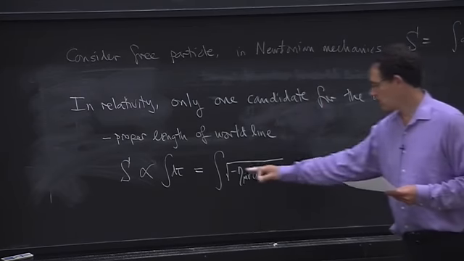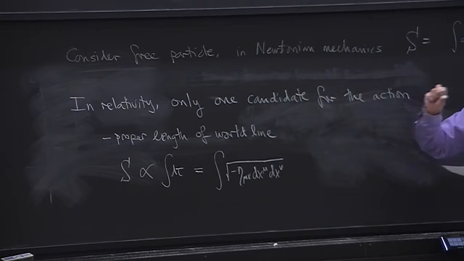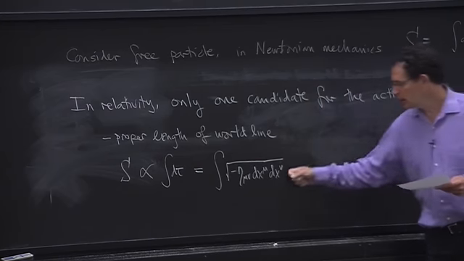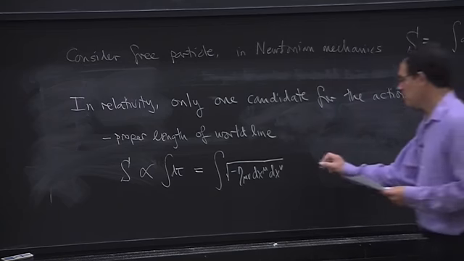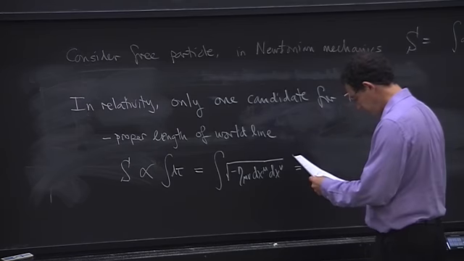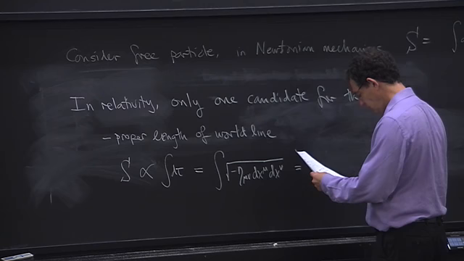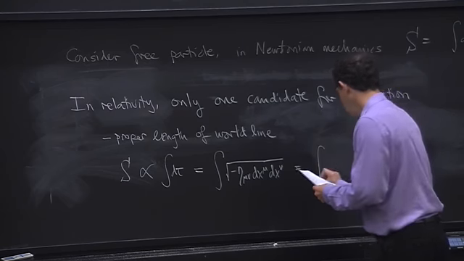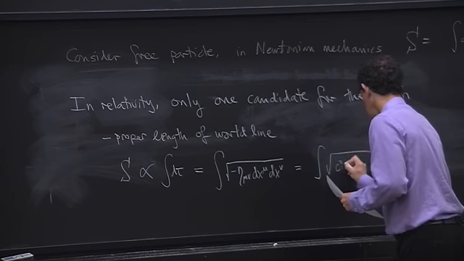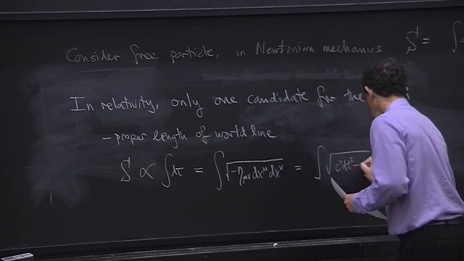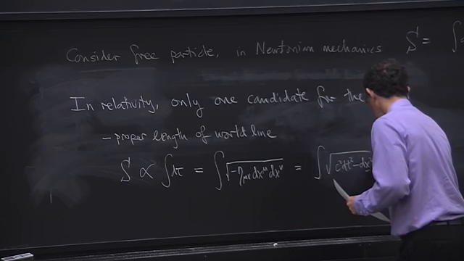Okay, so that's the squared length of an element of the world line. And I just add them all up to get the length of the world line. So this is equal to the integral of the square root of c squared dt squared minus dx squared.